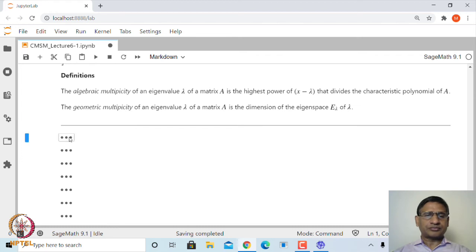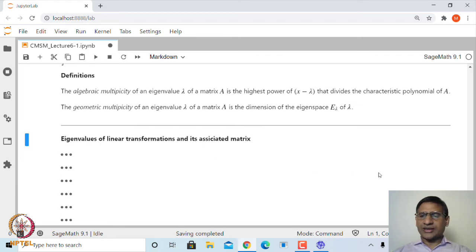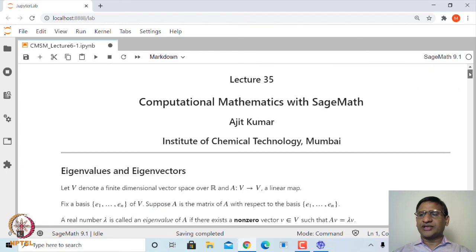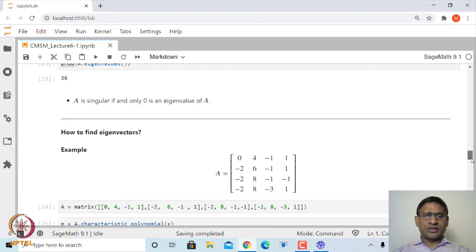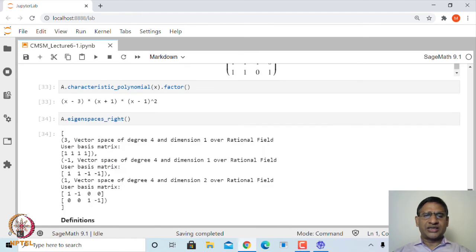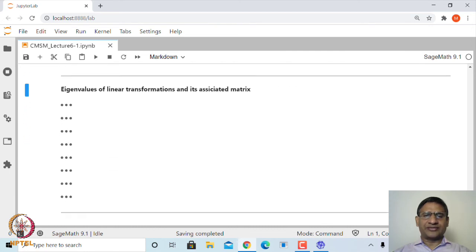Now, if you look at the definition of eigenvalue and eigenvector, we started with a linear map, defined its matrix as A, and then defined eigenvalues and eigenvectors of A. One can define eigenvalues and eigenvectors of the linear map itself, with exactly the same definition. Suppose we define a linear transformation, can we find its eigenvalues and eigenvectors?